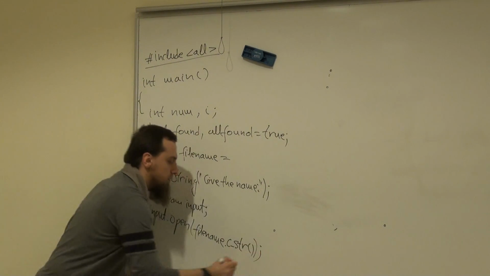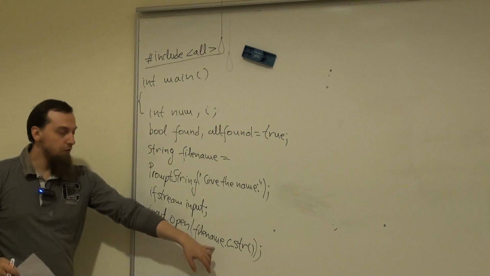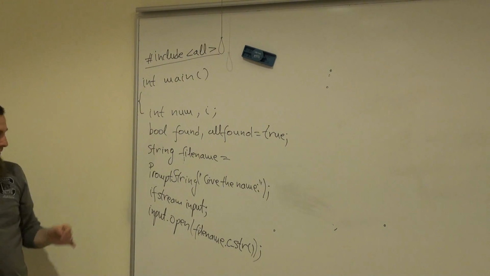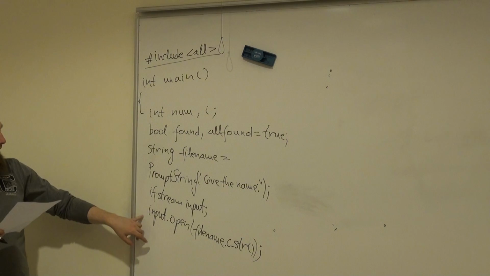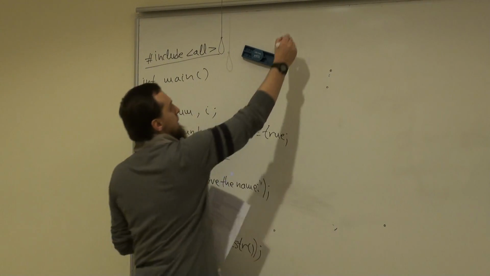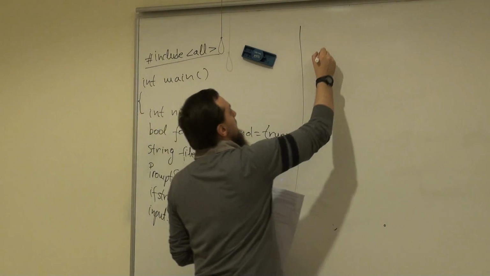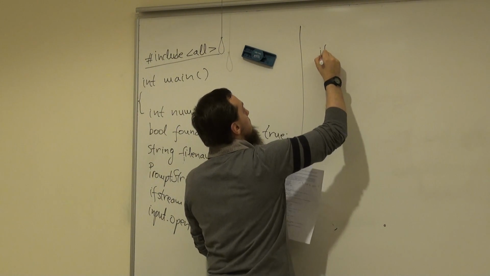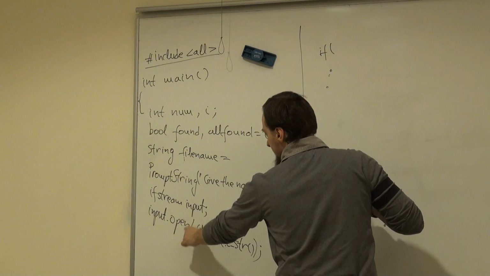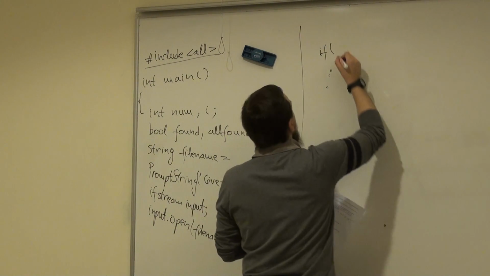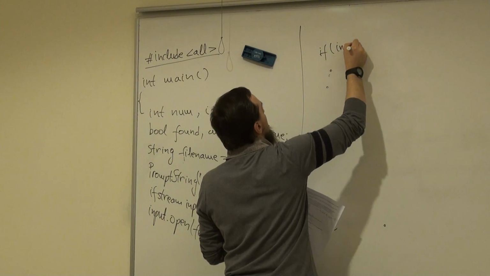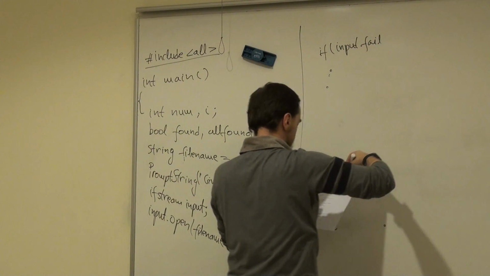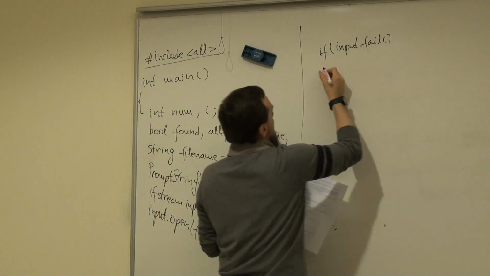Nothing more. However, if the file does not exist, if there is a problem with the hard disk or whatever, then it might fail. That's why I'm continuing here. If there is a failure, so if this is the ifstream class, if input fail, if I cannot open it, then I cannot read anything.